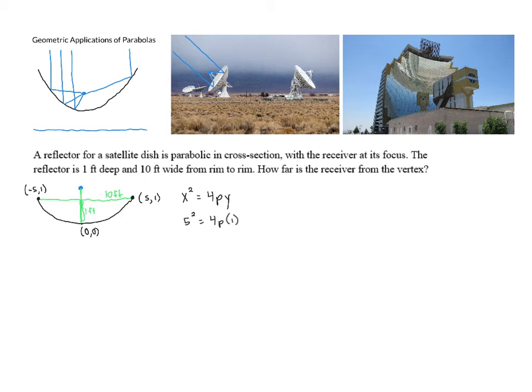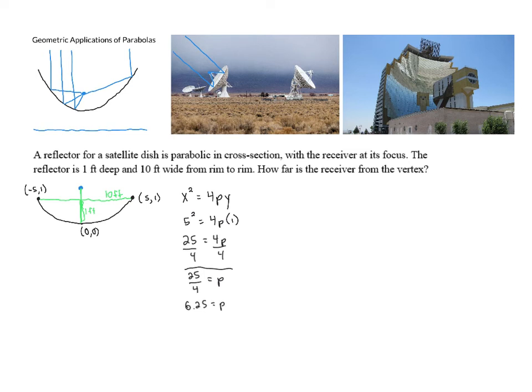Since the point (5, 1) is on the parabola, if we substitute in 5 for x and 1 for y, we know that that has to be a true equation. And what this does is it allows us to solve for p. So this becomes 25 equals 4p. And if we divide both sides by 4, that tells us that p is 25 fourths, or 6.25, either way.